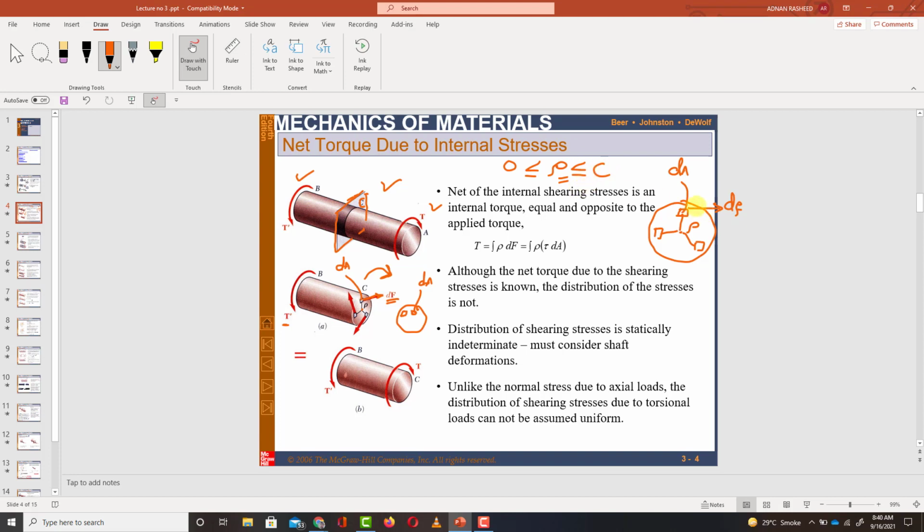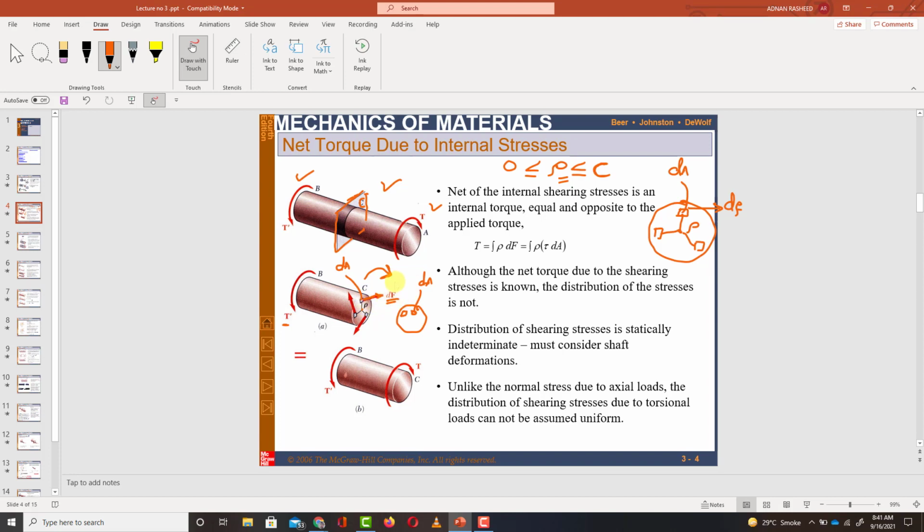C is the maximum distance from the center to the outermost surface, which means that C is the radius of the shaft. So rho varies: at the center rho is equal to 0, and at the outermost point of the shaft rho is equal to C. So all these differential areas are at a distance of rho from the center.